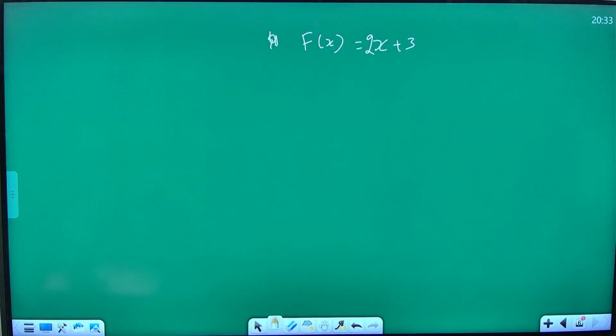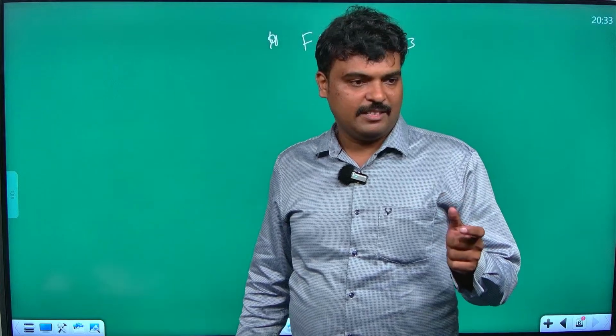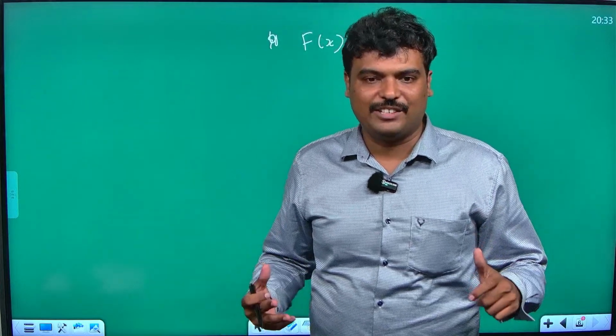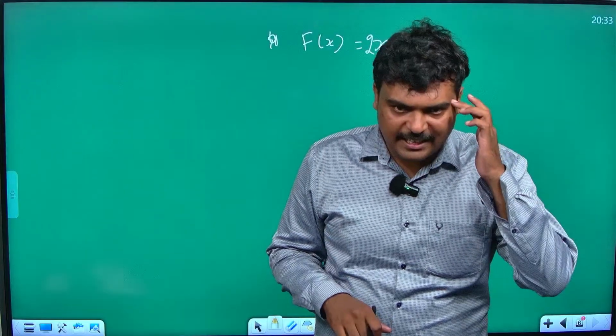We want to check whether the function is one-to-one or not. As far as the syllabus is concerned, you will not have a pattern for checking. Sir, I will put f of x1 equal to f of x2 and I will come to know x1 equal to x2. You should not take it like that. You want to draw the graph first.